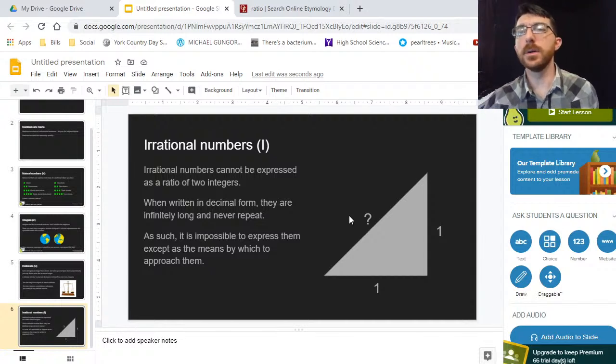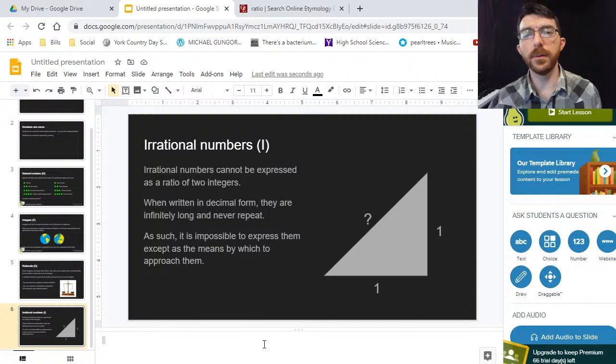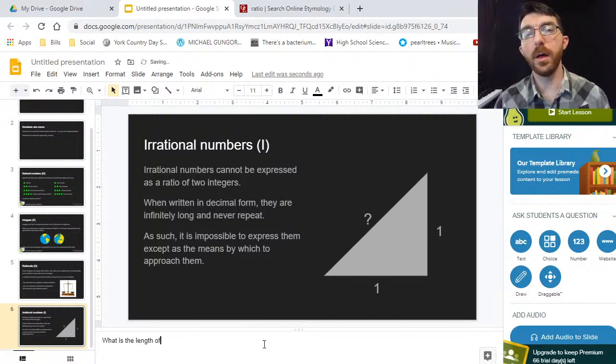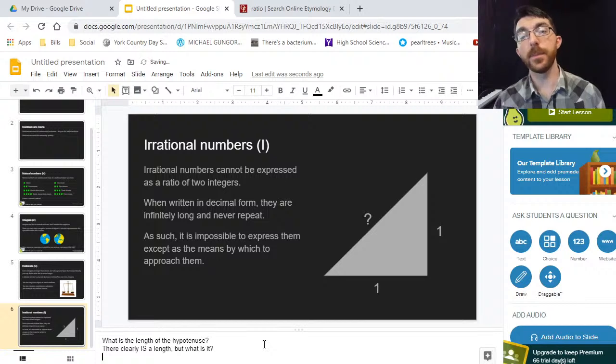All right, so I'm going to put that in speaker notes. What is the length of the hypotenuse? There clearly is a length, but what is it?